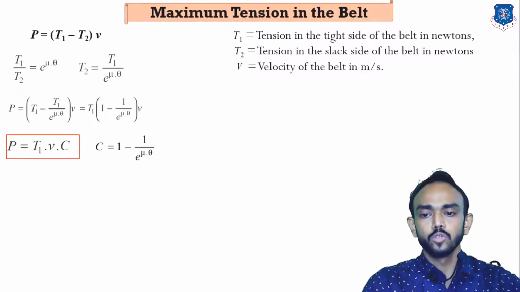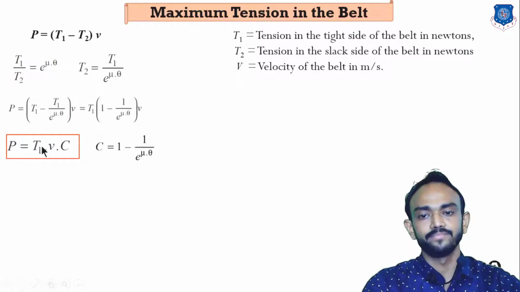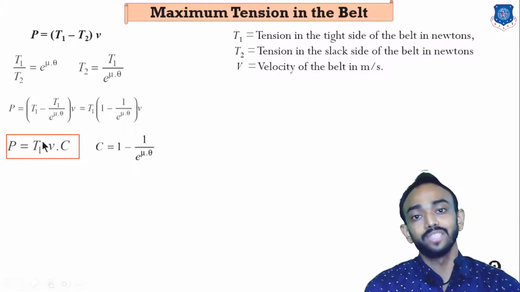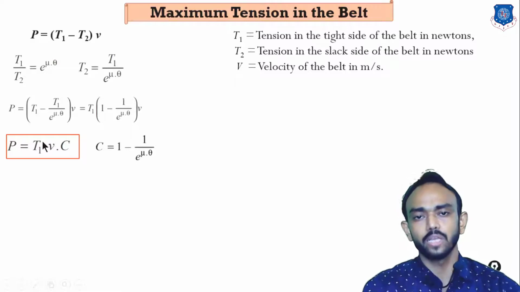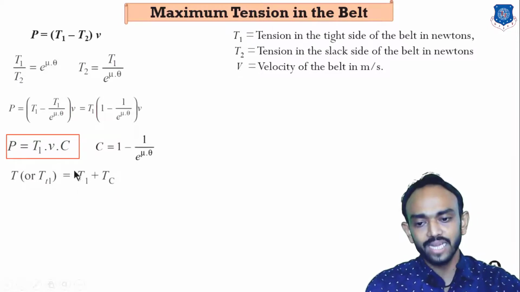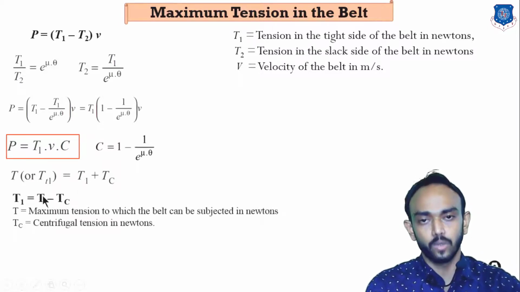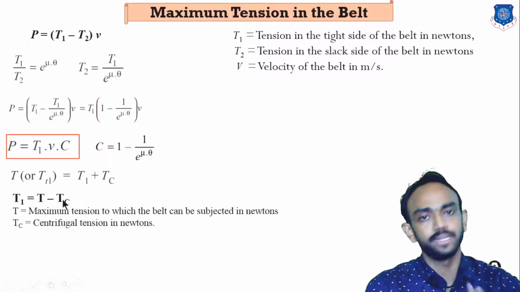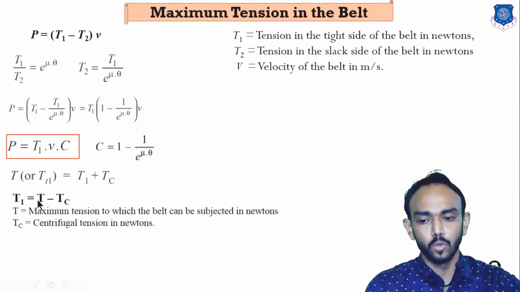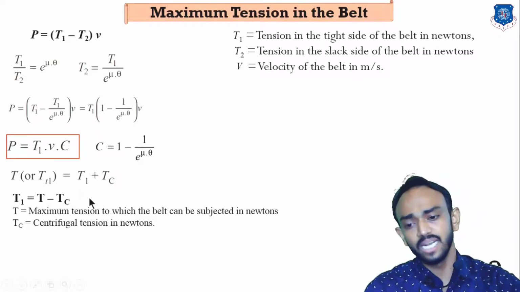Okay, so what is T1? T1 is the tension in the tight side. And what is the total tension? Total tension is equal to the tight side tension plus centrifugal tension. So you can write T1 is equal to total tension minus centrifugal tension.